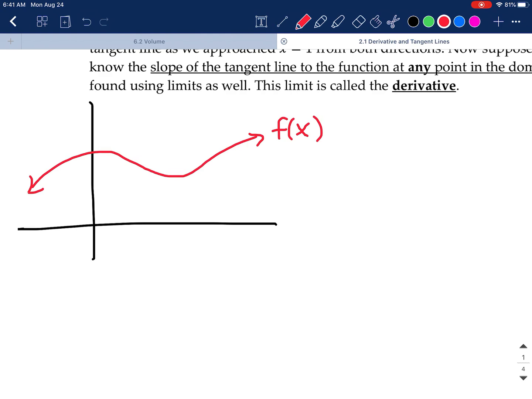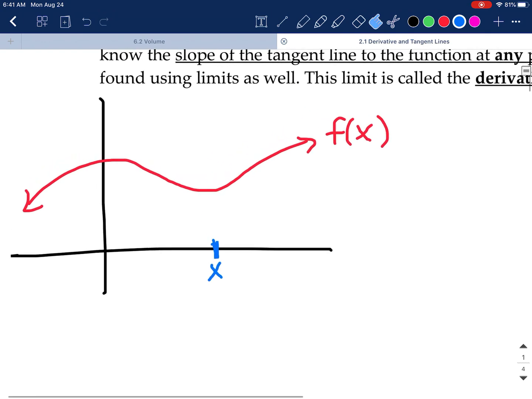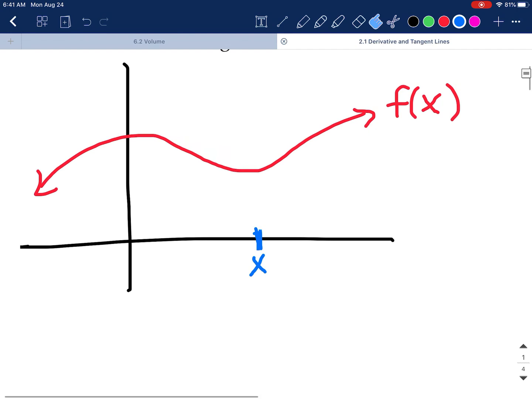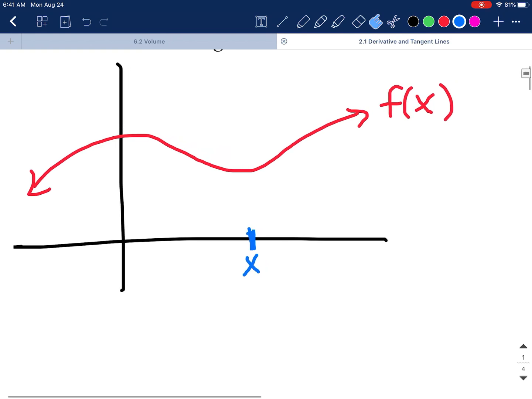And what we're going to do is pick a location, which we'll call x. Zoom in a bit here. And what I want to do is figure out what the slope is at that location. In order to do that, I'm going to do that same limiting process that we did on the first day of the notes. So we're going to move some distance away. Now I can move to the right or to the left.